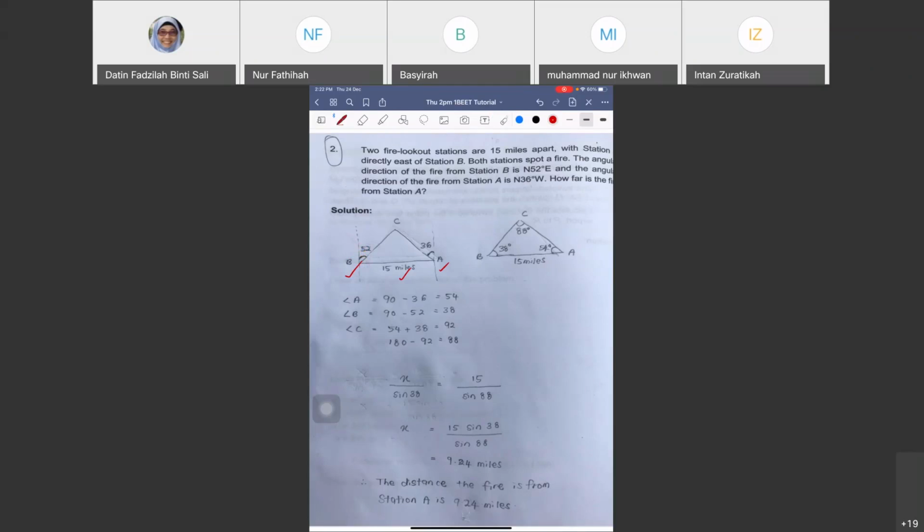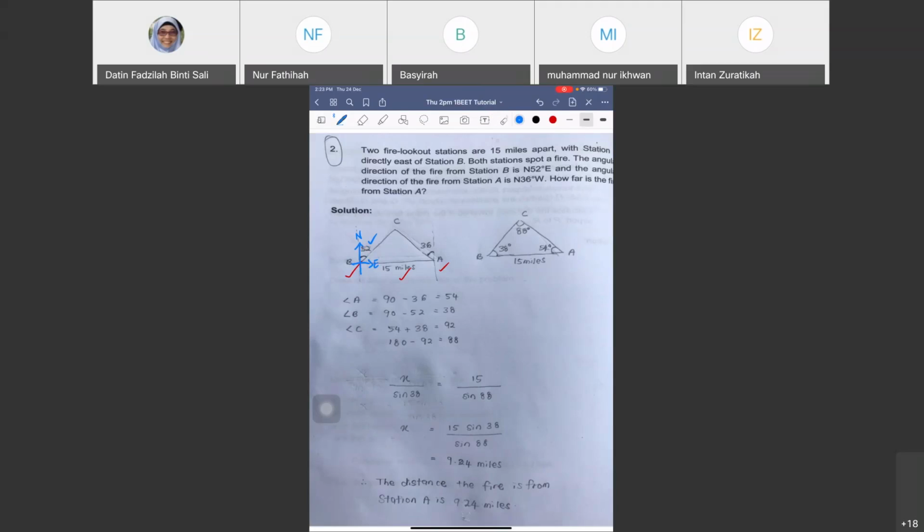This is your north, this is east. So this is 52 degrees, from north to east, from here to here. Correct. And then another bearing from station A to the fire is north 36 degrees west.